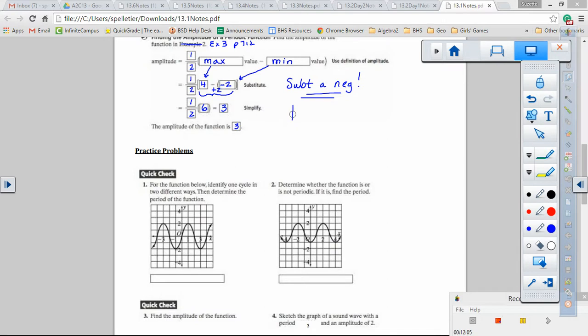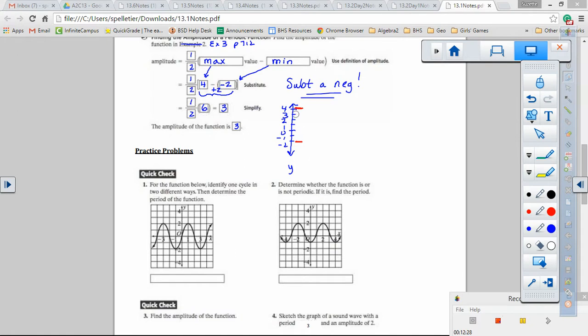So on my y-axis, just to give you a little perspective, I have 4, 3, 2, 1, 0, -1, -2. So I'm saying the maximum point was here at 4, and the minimum was here at -2. And remember that halfway is that little dashed line.